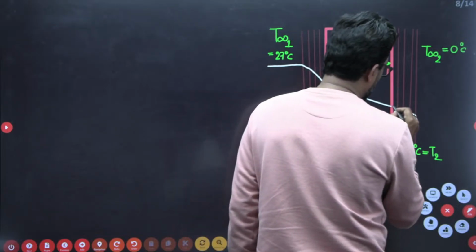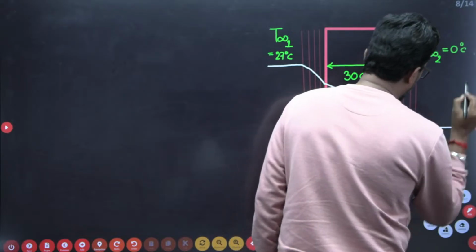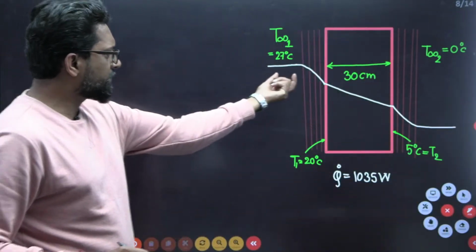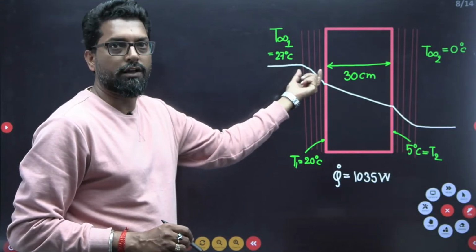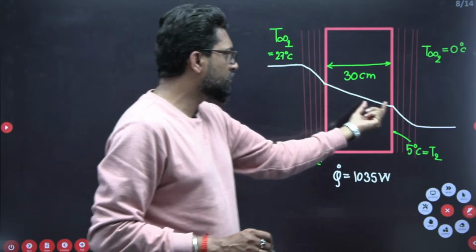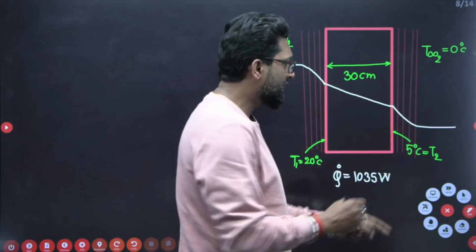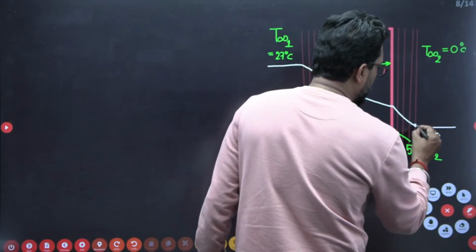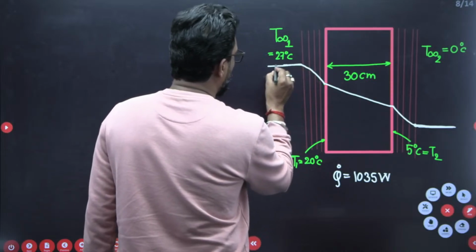Again the temperature drops, and again it goes. See, my dear, this is where the temperature effect is there. That is called the immediate surrounding, where the temperature profile will be there. Before that, there is no temperature drop.